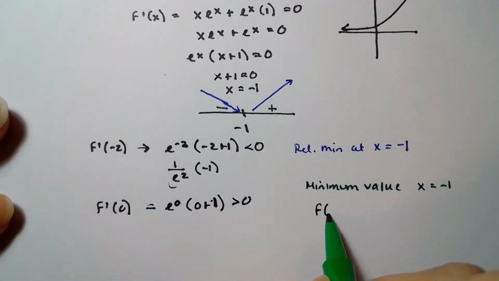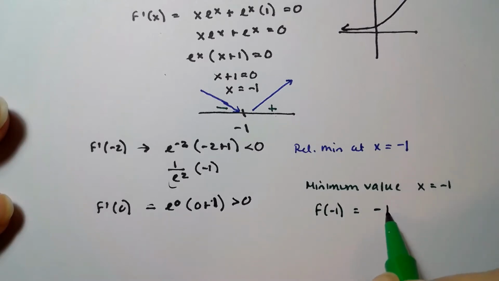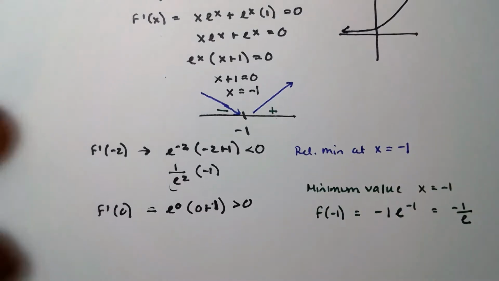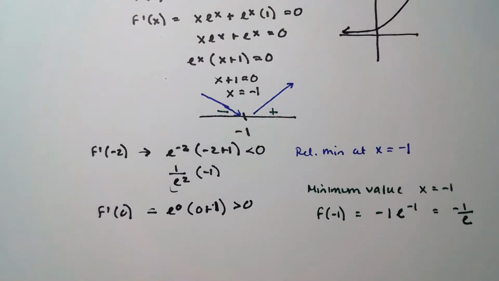So you're going to evaluate f of -1, which is -1 times e to the -1, which is -1 over e. And that's an exact number. If I use my calculator to get a decimal, it's an approximation. So the minimum value would be -1 over e when x is equal to -1.